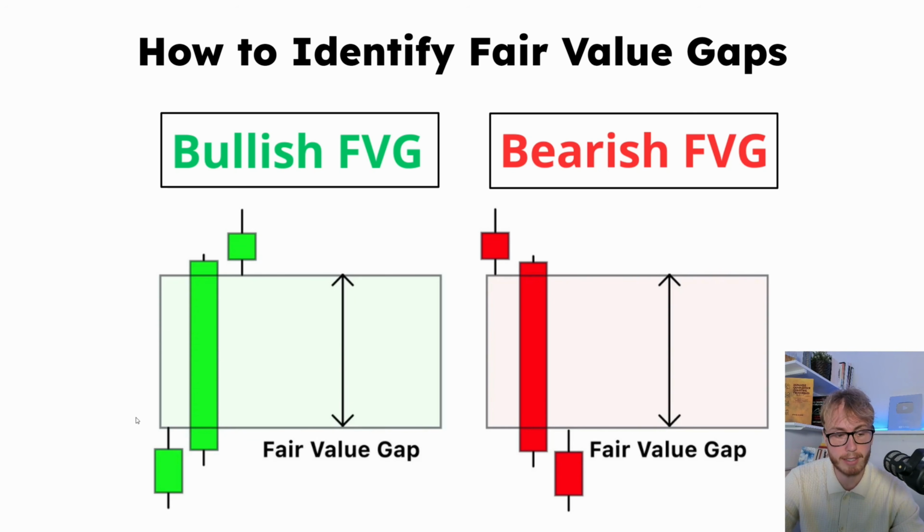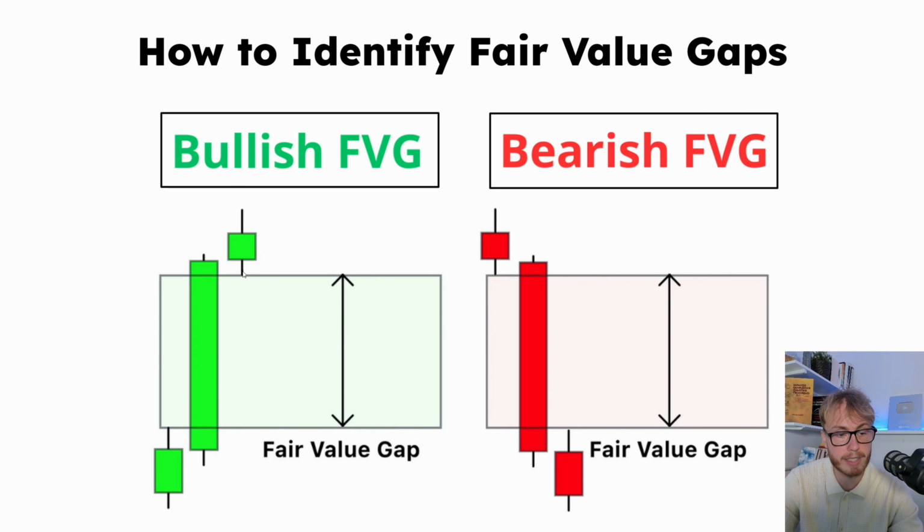The next step is to identify the candle before the momentum candle and the candle after it. Then we draw a line from the highest point of the preceding candle, and a line from the lowest point of the candle that comes after. The distance between these two points is the fair value gap.